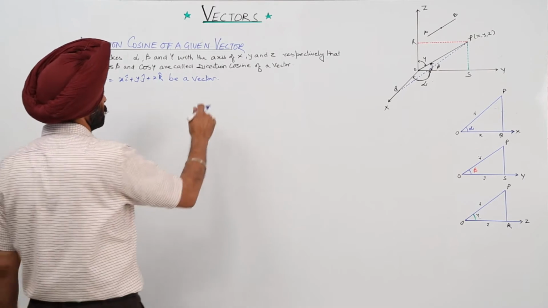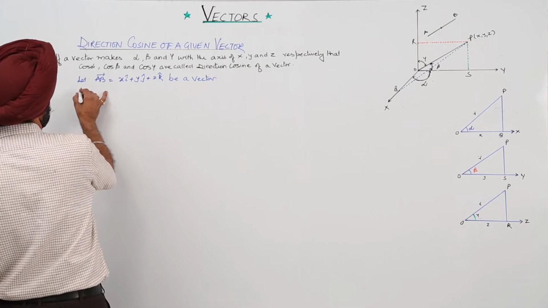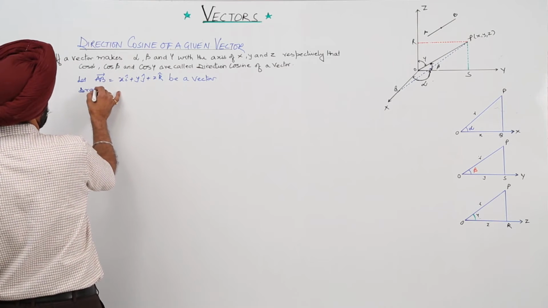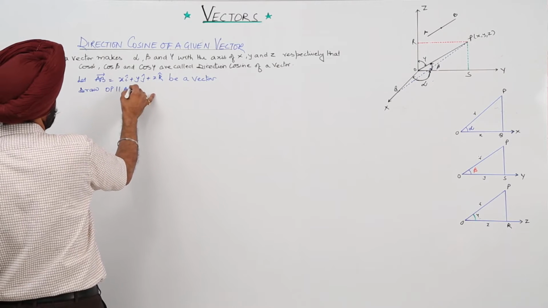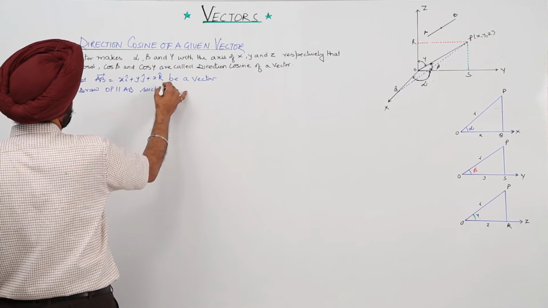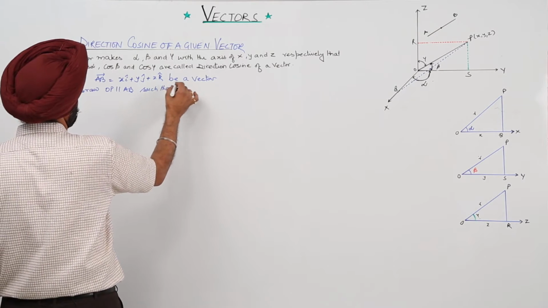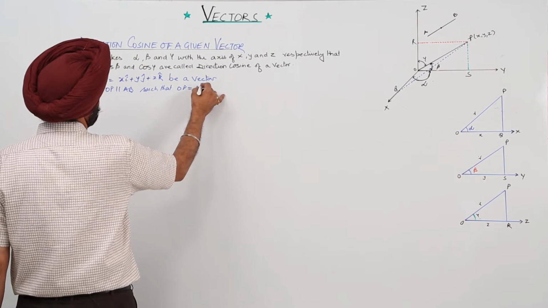Now, draw OP parallel to AB such that OP is also equal to AB.